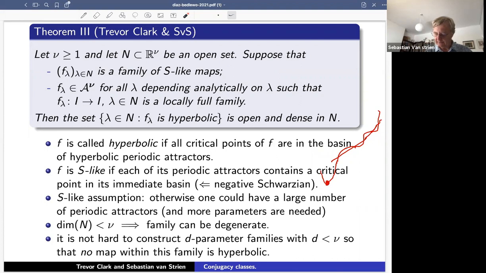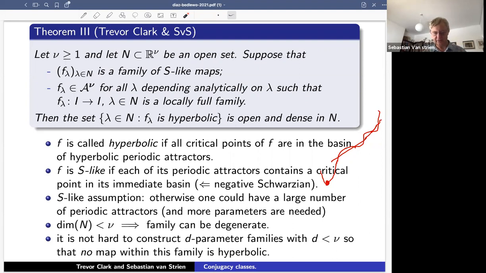So that's of course not always the case, but if you have this property, then in fact you have the usual standard definition of hyperbolicity. So then the non-wandering set splits into an attracting part and an expanding part. And in this case also, the non-wandering set will have measure 0, and almost all points will be attracted to periodic attractors.